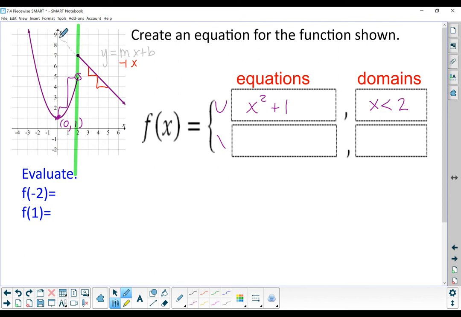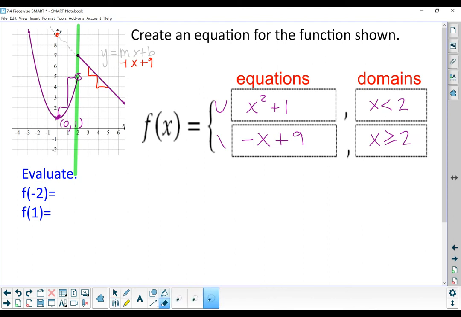So I need to extend it back and see what the y-intercept of that line is, and it is a 9. So it's going to be a +9 at the end. So that's -x plus 9. You can put a 1 in front of the x if you want. Now, the domain of that is the x values that are greater than or equal to 2.